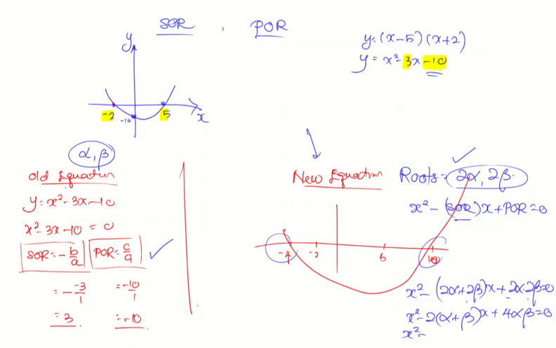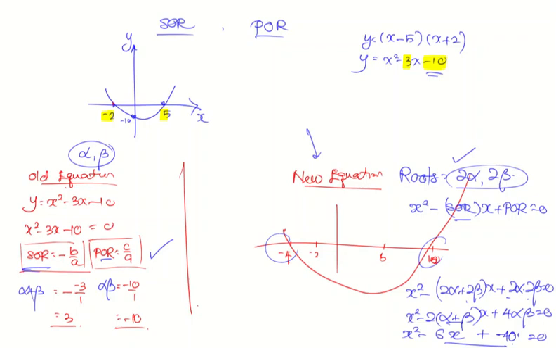Alpha plus beta, sum of root. Okay, this is called sum of root. Alpha plus beta is 3. So 2 times 3 is 6. Okay, 4 alpha beta. Product of root is negative 10. So over here is 4 times, so it's negative 40, equals to 0.